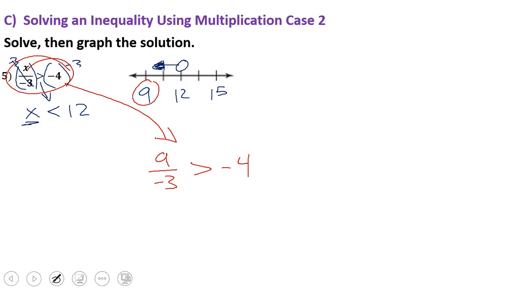When I say 9 divided by -3, that happens to be -3. Is -3 greater than -4? Well, yes, it is. That means that our solution of x being less than 12 is true. We did it correctly. Had we not done it correctly, we would have had the wrong answer, ladies and gentlemen.